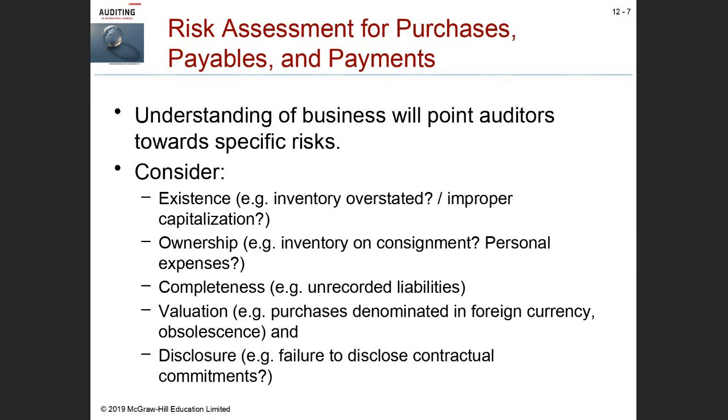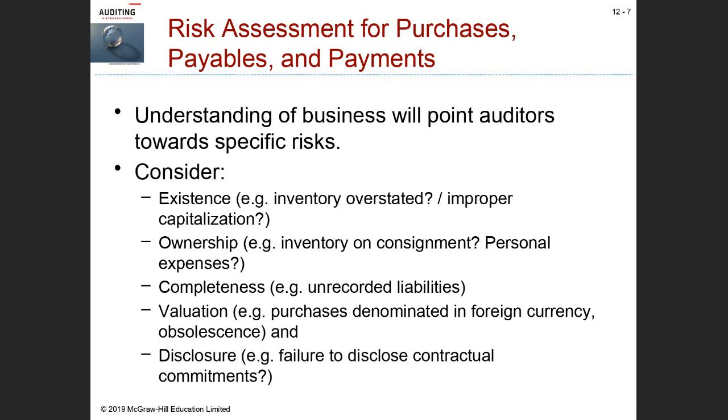So when we do have inventory recorded in our financial statements, we want to make sure that it is ours, that we own it, and that it's not someone else's inventory. In addition, when companies purchase services, are they for business purposes, or was money spent for personal items?